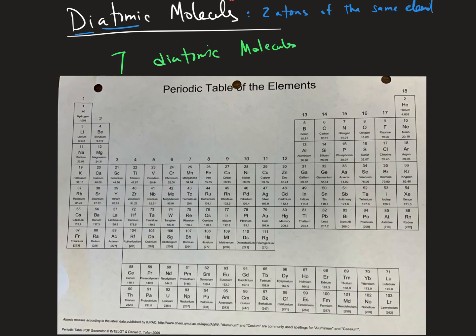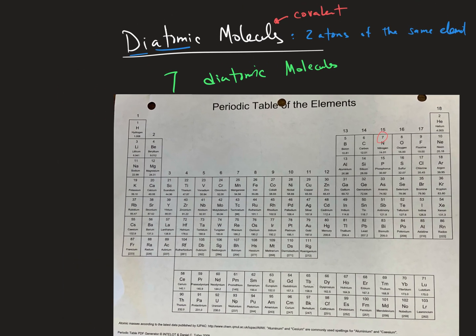Okay. It starts at number 7. Let me use a different color. Starts at number 7. Then we draw a 7. Sorry.